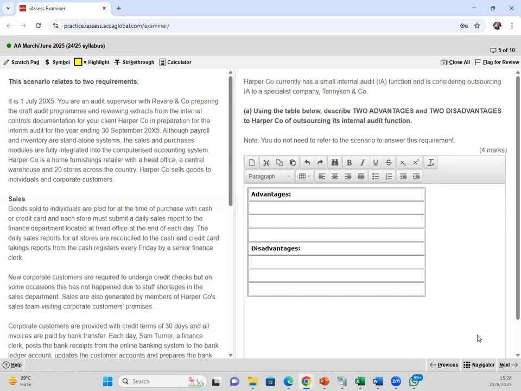Using the table below, describe 2 advantages and 2 disadvantages to each company of outsourcing the internal audit function. Again, this is not a case-specific question. It's a general question. So starting with Barbara again, what is the advantage of outsourcing the internal audit function?